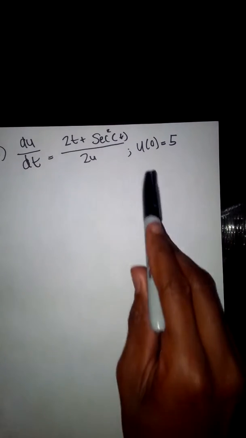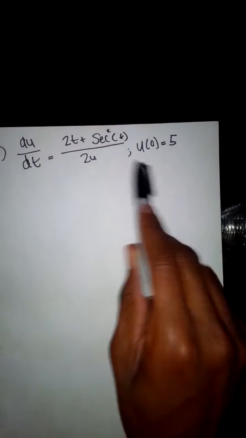So if I look where t is equal to 0, u is going to be equal to 5. This basically is going to give us a way to solve for our integration constant so that we don't have too many variables inside of our final answer, okay? You're going to see in a second how this is done.